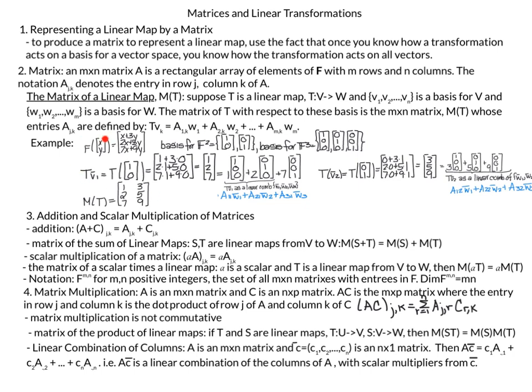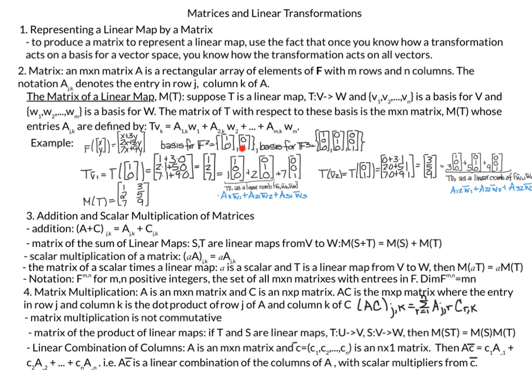Our example was this transformation from F2 to F3. It's defined by taking a two-dimensional vector to a three-dimensional vector such that T of (x, y) is equal to (x plus 3y, 2x plus 5y, 7x plus 9y). To find the matrix, we first transformed our first basis vector from F2, that's (1, 0), and we saw it transform to (1, 2, 7).